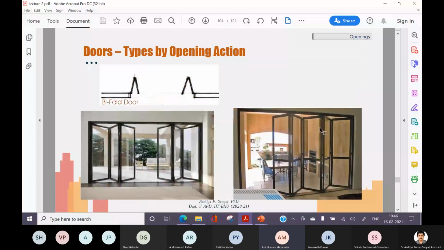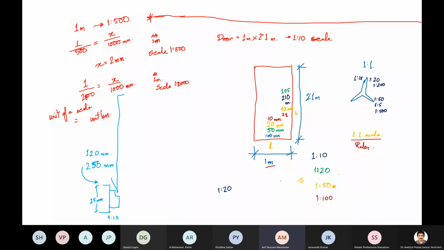Sir, we have been given measurements only for the outer cover. Like if there is a door, then only the door leaf is given. So how will we know about the other parts' scale? For the arches, only the arc span is given, so we know the diameter and what it will be in the scale proportion.